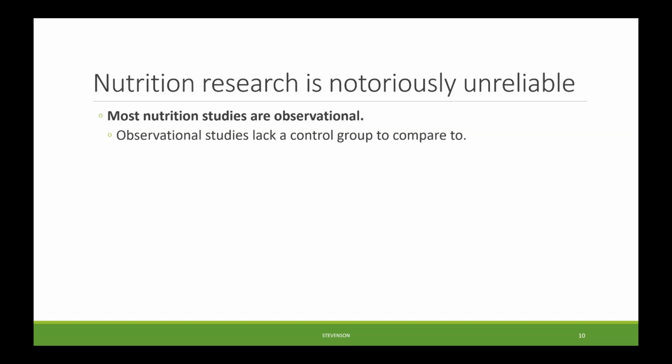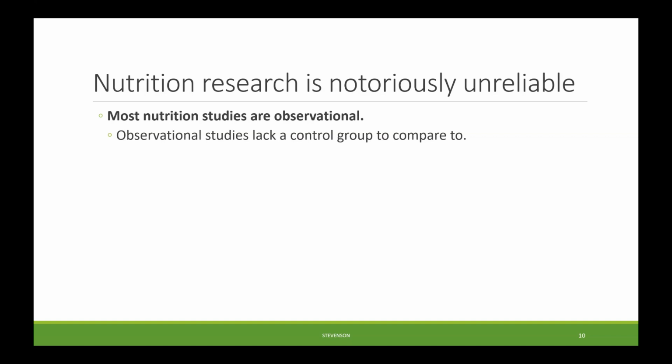But a more common approach to answering this question would be that the nutrition researchers wouldn't actually set up an experiment, but instead they would just observe by simply asking a group of people how much fried food they're already eating and then comparing the cholesterol levels of the people who are already eating a lot of fried food to the cholesterol levels of people who are not already eating a lot of fried food as part of their normal diet.